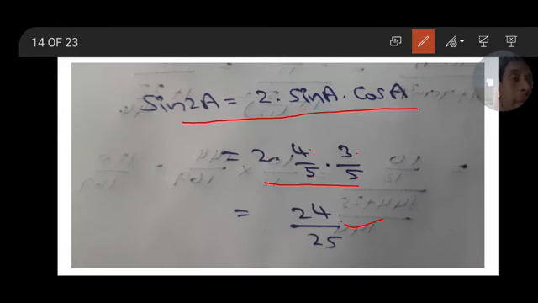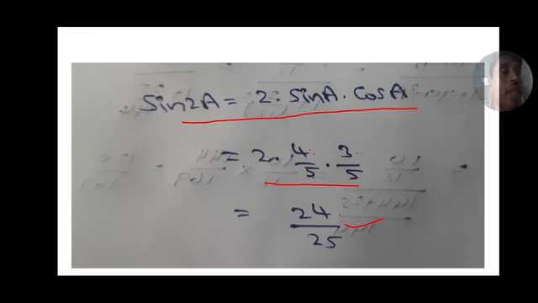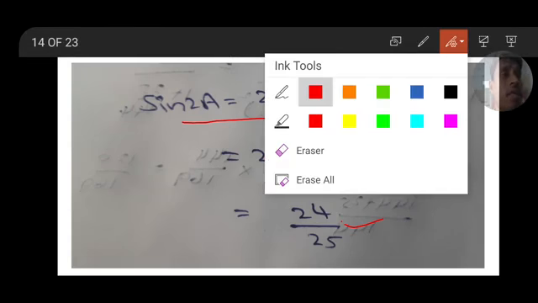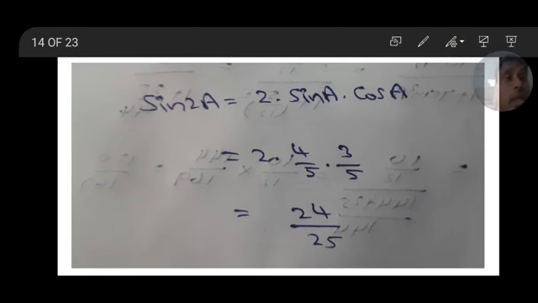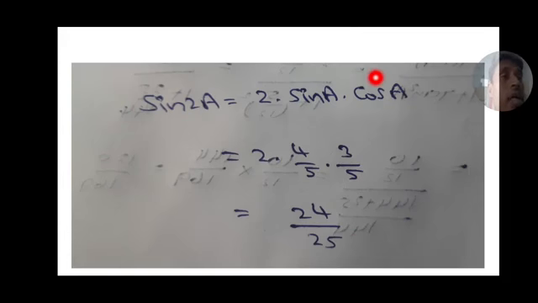That is 24 by 25, the sin 2A value. So here sin A is given and we need to find sin 2A. Sin 2A means 2 into sin A cos A.